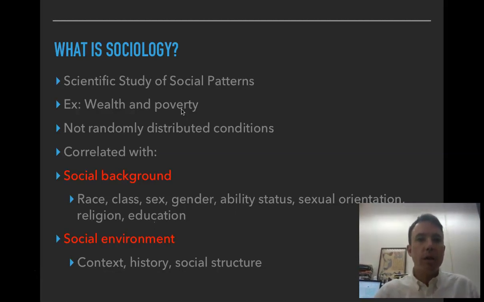Now, of course, wealth and poverty are not randomly distributed social conditions, meaning that the likelihood of having wealth or not having wealth is correlated with aspects of our social background, which is a key term.